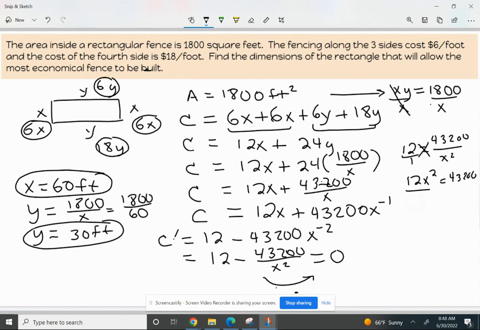I can divide each side by 12. I get x squared equals 3,600. I can then square root that to solve for x. And I get my x value to be 60. So that is the other way to figure out where the relative minimum is. It has to happen at x equals 60.